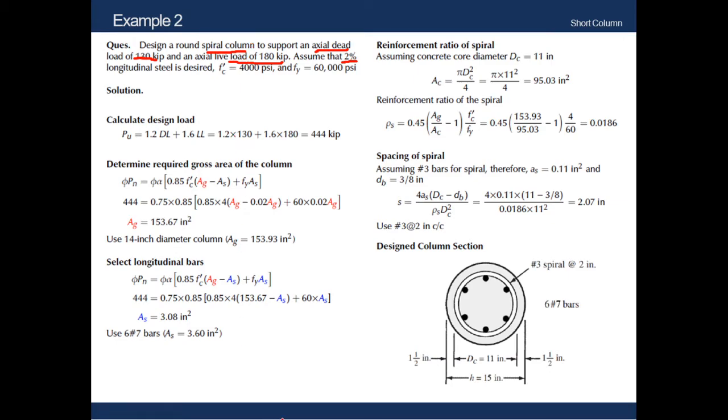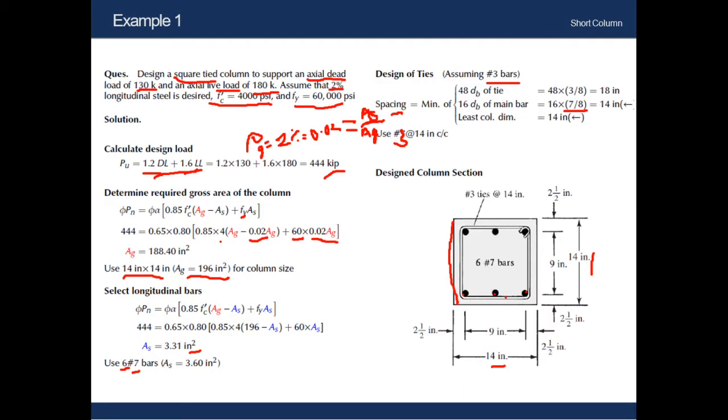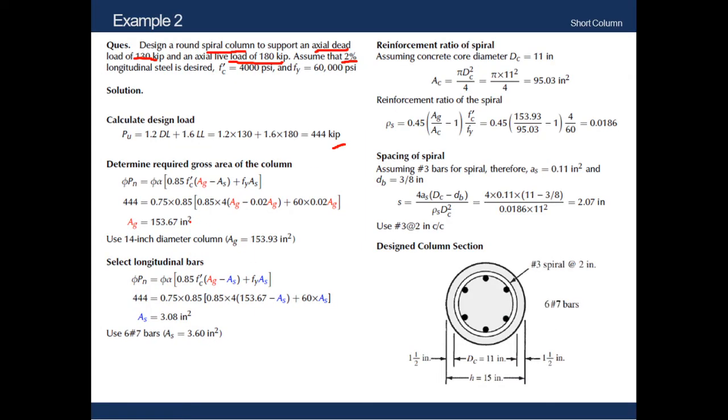In order to complete our task, the first thing we need to do is factorize the load, as we are using the USD method. By factorizing the load, we get the total load or the design load. Plugging into the design strength equation like the previous example, we calculate the value of AG, but this time, as this is a circular column, the values of phi and alpha will be different.